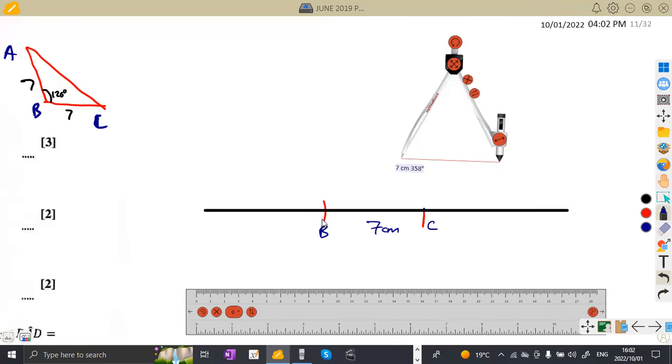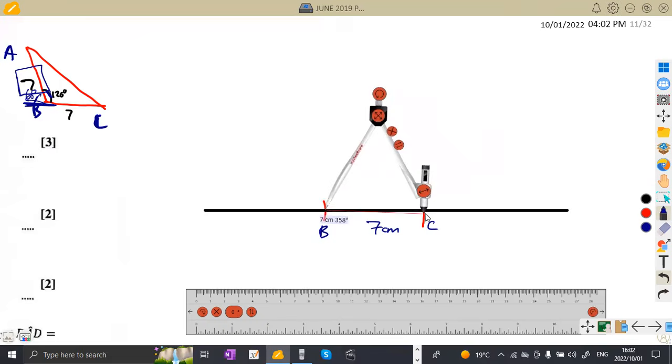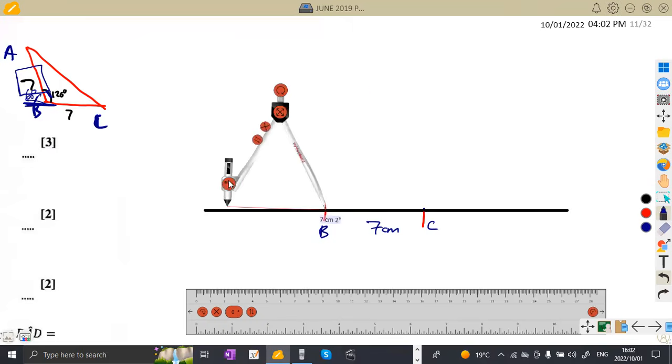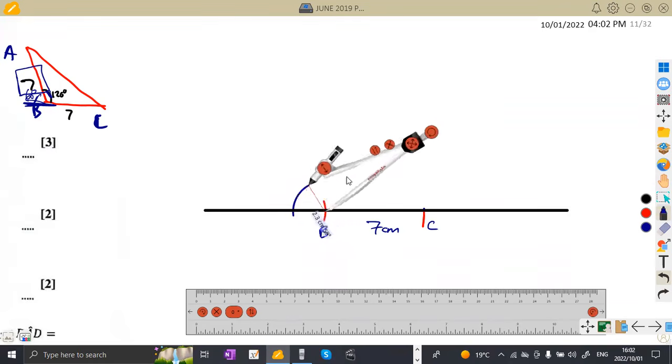Okay, then at B to A, I'm supposed to have 7 centimeters, but with an angle of 120. So take note, I told you guys, if you need 120, what you need is to construct 60 degrees outside of the diagram, because you know how to construct 60 degrees in a better way. From this point B, you're supposed to mark an arc. Remember how you construct 60.